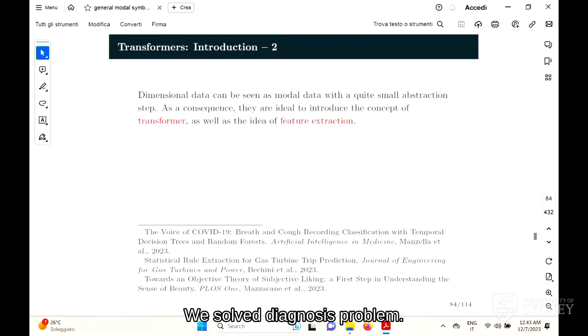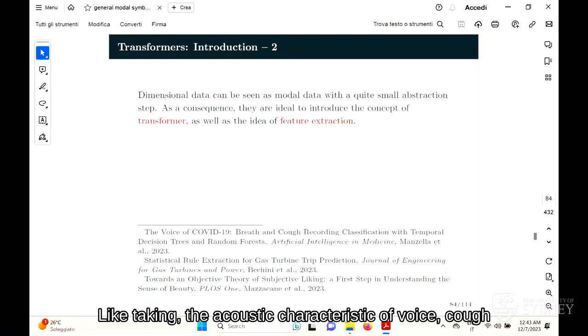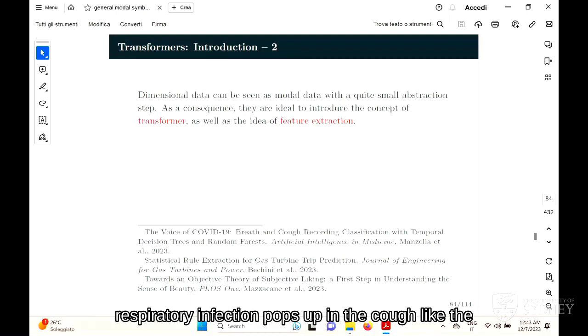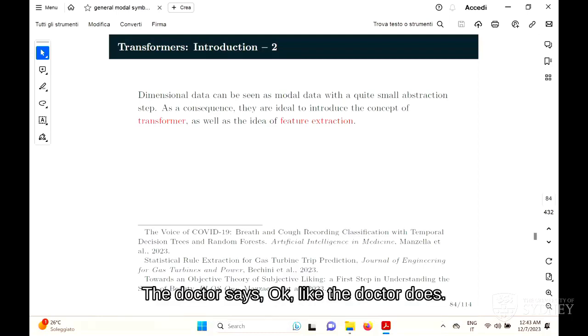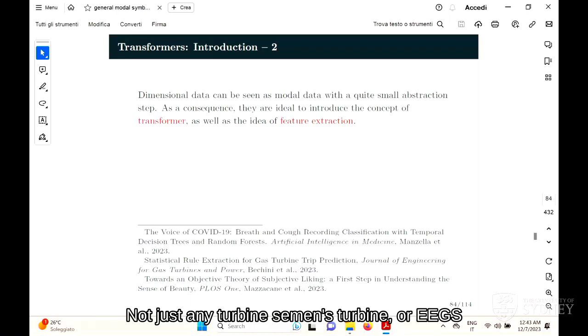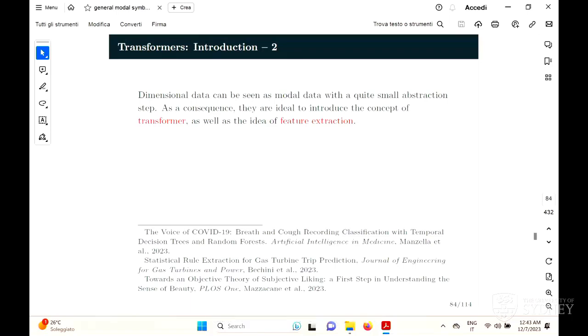We solved the diagnosis problem, taking the acoustic characteristics of voice, cough and breath, and seeing whether a respiratory infection pops up in the cough, like the doctor does. Or sensors from a turbine, not just any turbine, a Siemens turbine, or EEGs, electroencephalograms.